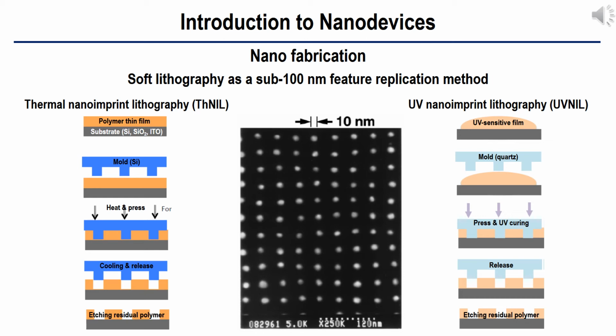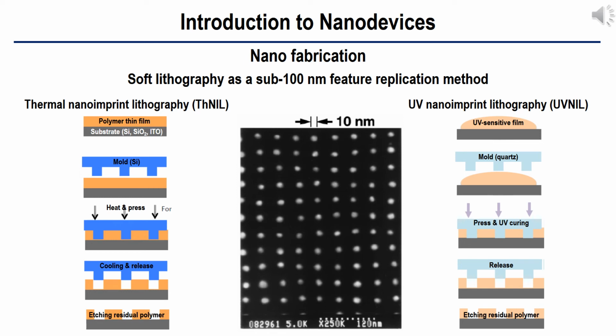For the patterning, a thermoplastic polymer thin film is coated on the substrate. The thermoplastic polymer thin film is moldable above a specific temperature and solidifies upon cooling. Onto the surface of the coated polymer thin film, the mold is pressed.